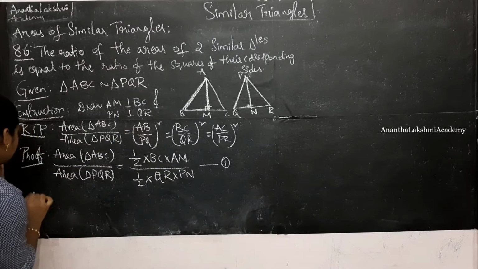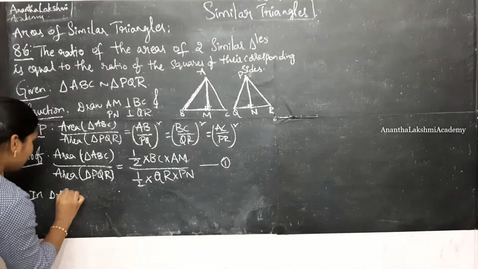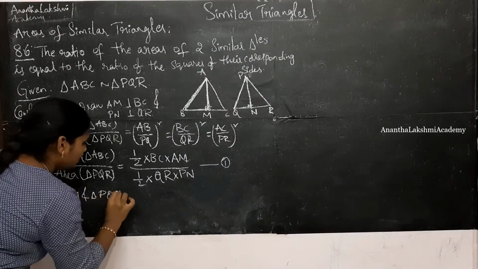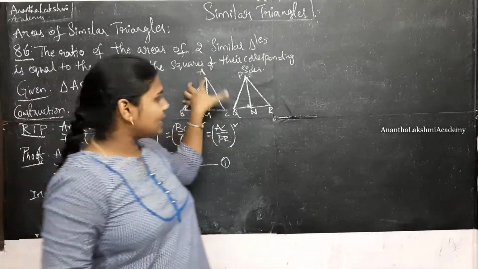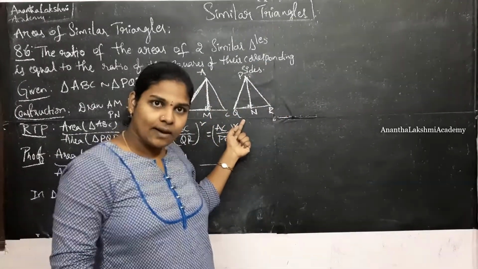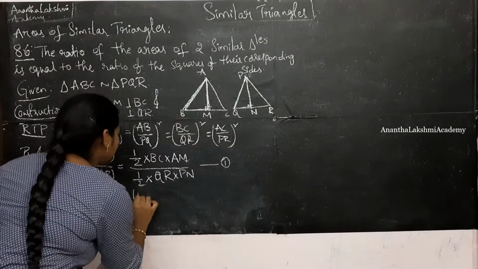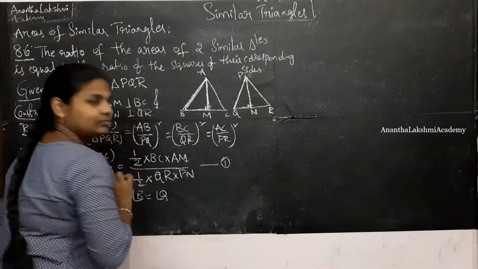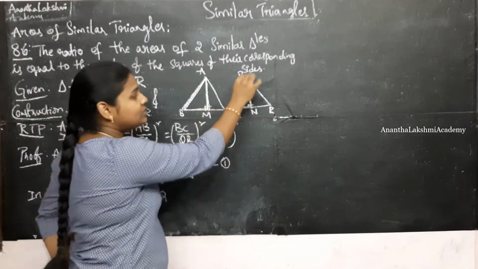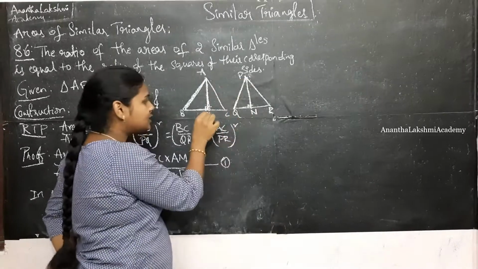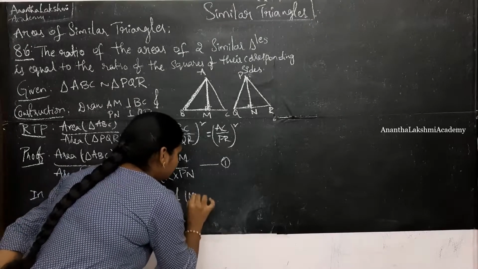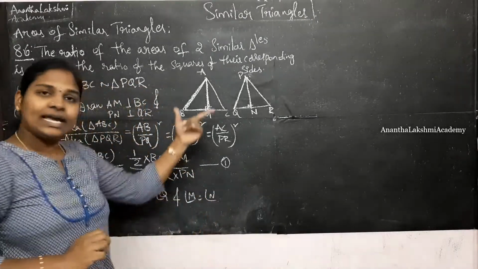In triangle ABM and triangle PQN, since this triangle is similar to this triangle, this angle is equal to this angle. Yes, angle B is equal to angle Q, since the triangles are similar. Now I have drawn a perpendicular in both the triangles, AM and PN, perpendicular to the bases. That is, angle M is equal to angle N. Now two angles are equal.